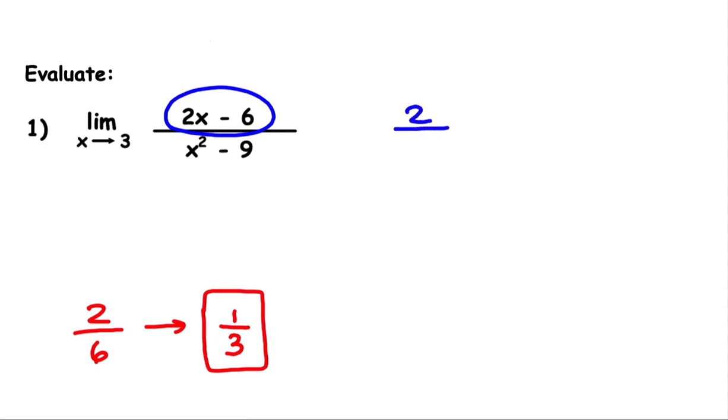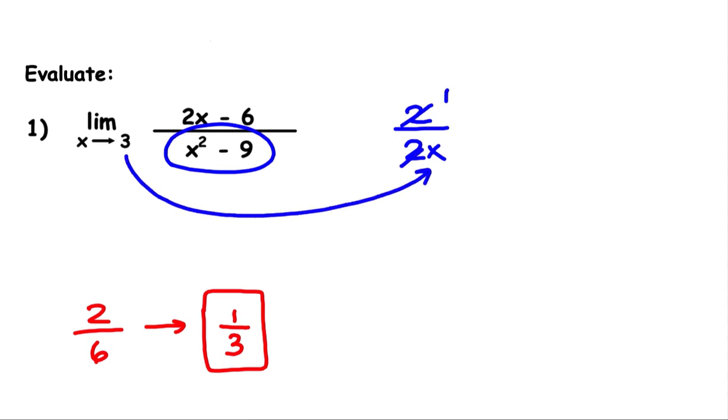He took the derivative of the denominator next. The derivative there is 2x. Actually, the 2's can cancel. That's just 1 over x. He plugged a 3 in, and you got 1/3. No factoring necessary. All right, that's L'Hopital's or La Hospital's rule.